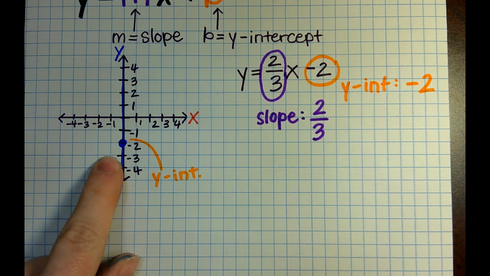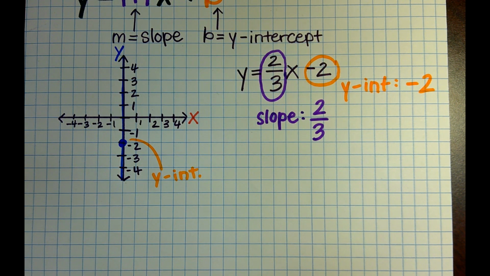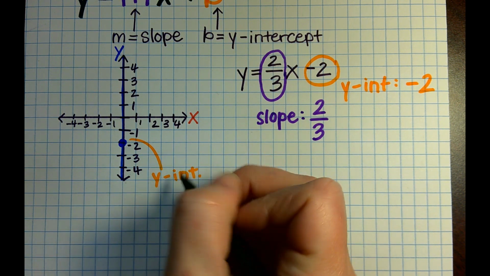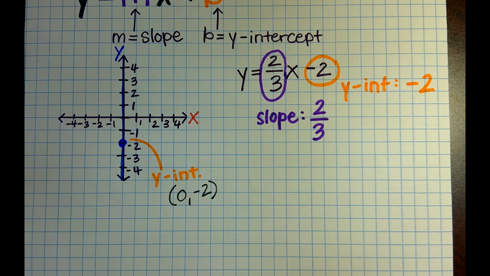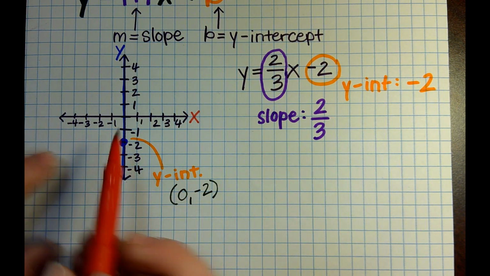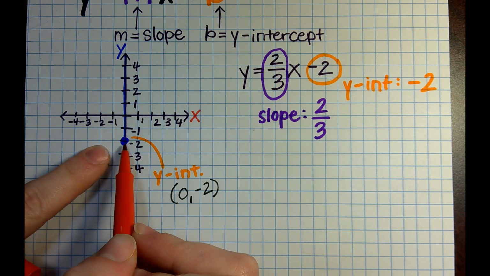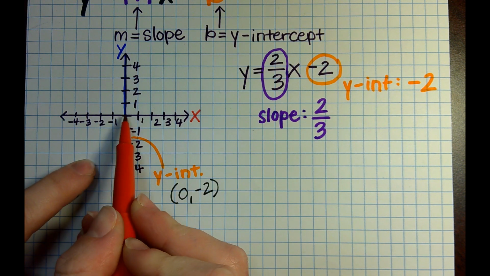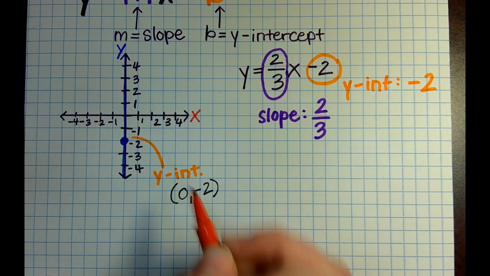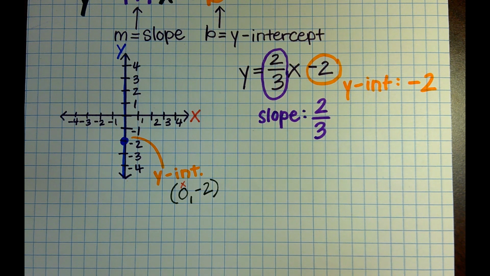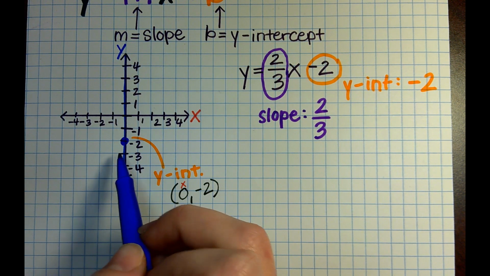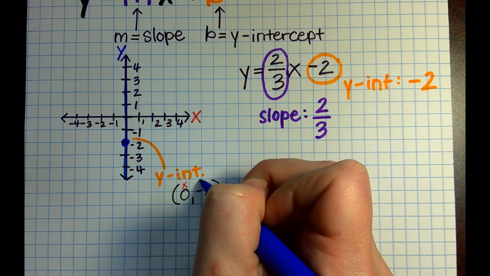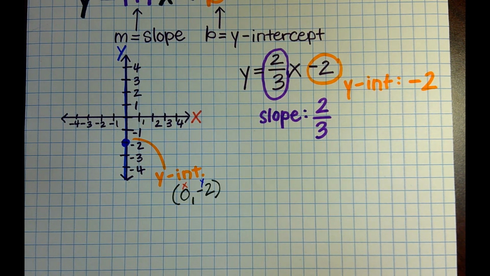What would the coordinate be for this point? (0, -2). Good. And it's 0 because if we look, where does this line up on the x-axis? At 0. So that's our x value. And our y value is -2 because it's touching -2 on the y-axis. So that's our coordinate.